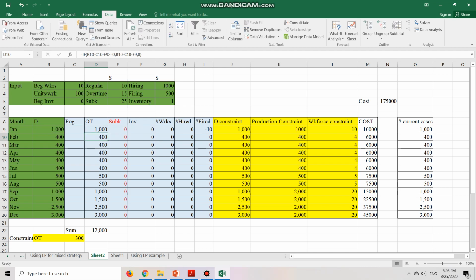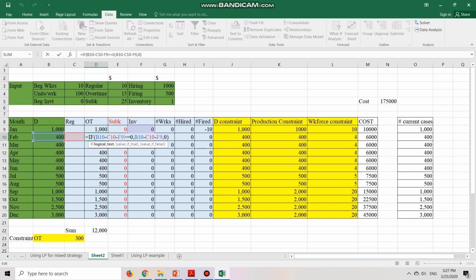How about the second month? In the second month we need to consider inventory from the first period. Early in the first period, we know the initial inventory is equal to 0, so we don't need to consider the initial inventory. However, in the second period we have to consider it.